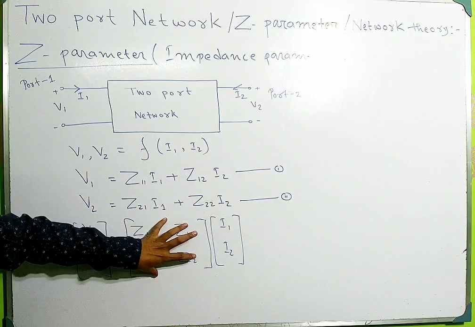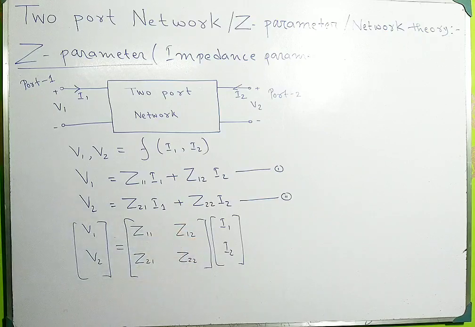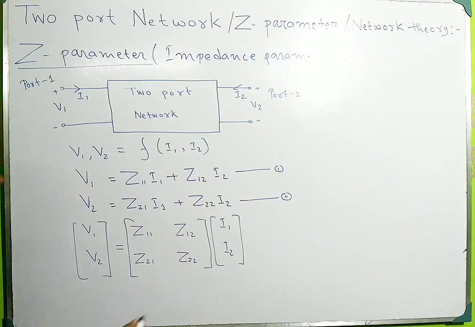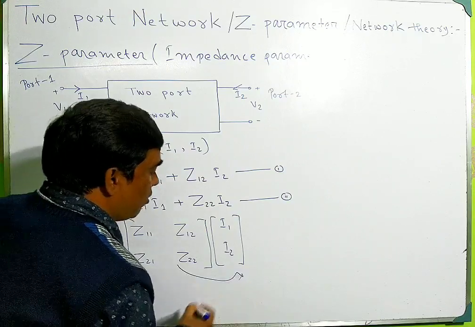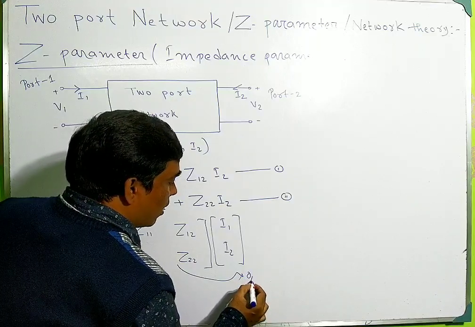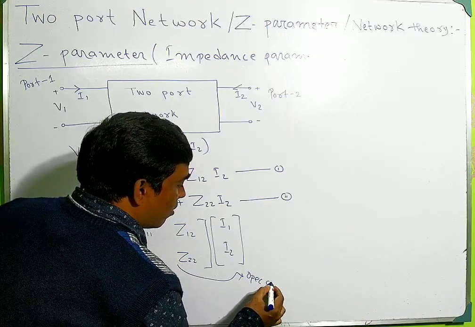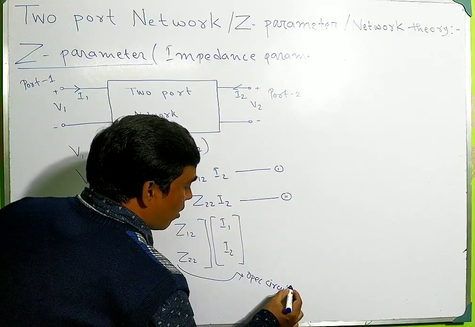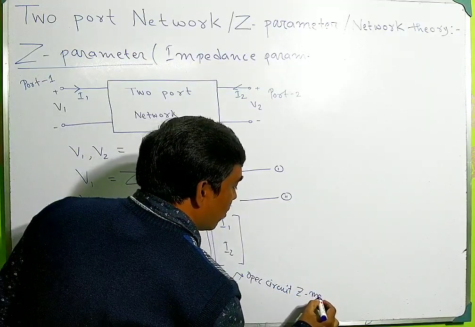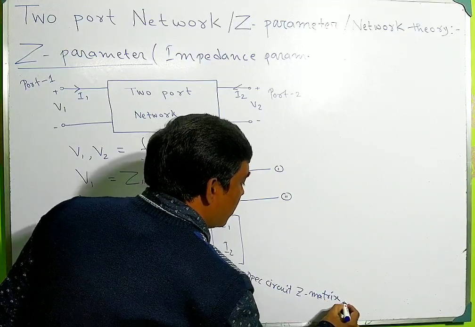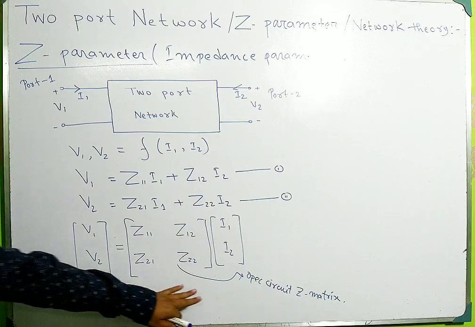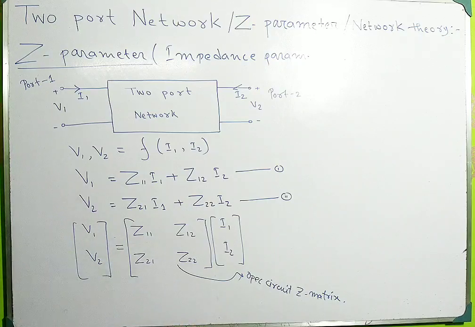Here this matrix is called the open circuit impedance matrix or Z matrix.